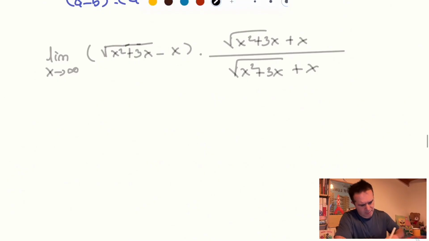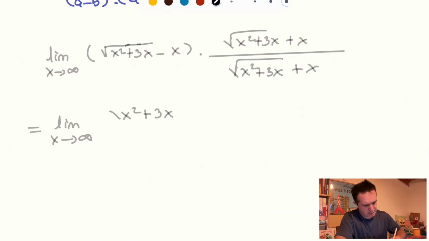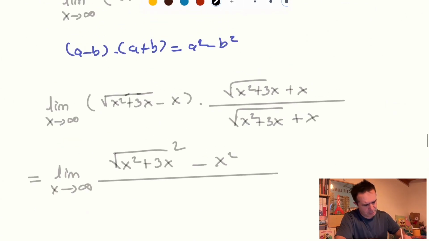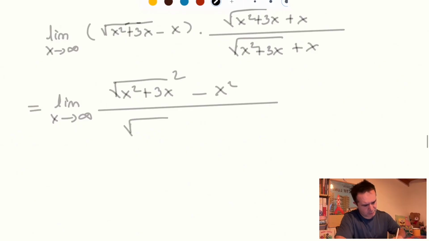Then this is equal to the limit as x goes to infinity of the square root of x squared plus 3x, squared, minus x squared, over the square root of x squared plus 3x plus x.